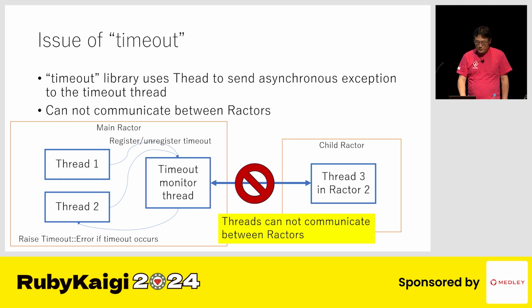This communication flow exists only within the thread system, and a child Ractor cannot communicate with the timeout monitor thread in another Ractor. So the current timeout method is not supported on Ractor.